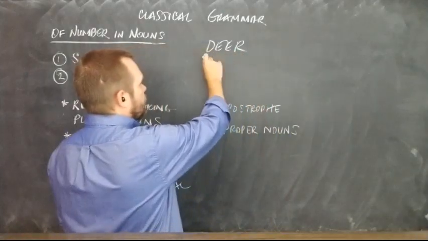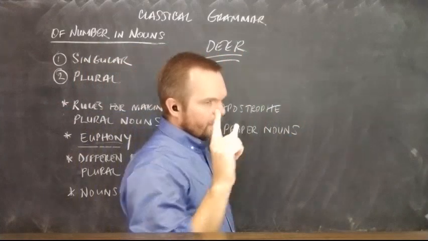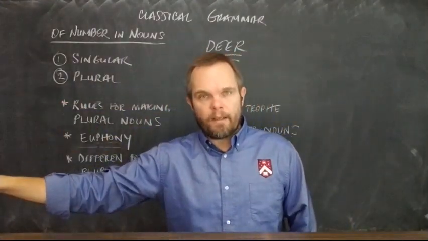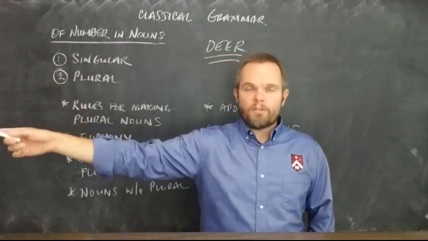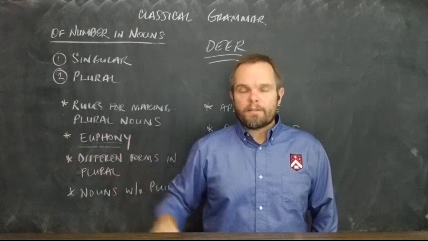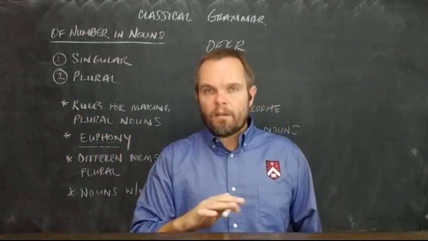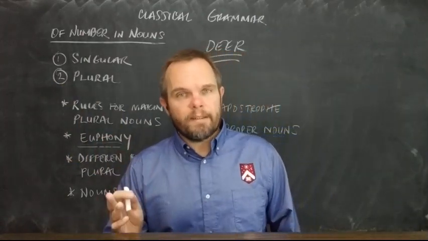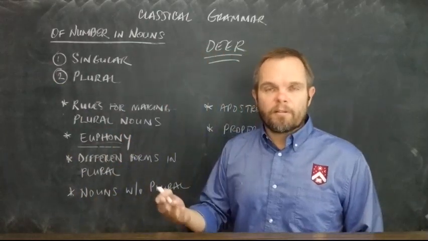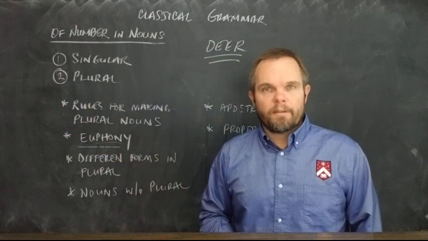And so this word, if we see one animal, we'll say, oh, look, a deer. And if we see a multitude, we'll say, oh, look, deer. The same word, same form, whether singular or plural. But notice what I did. One clue that we do have is I used the article a when I talked about the singular.